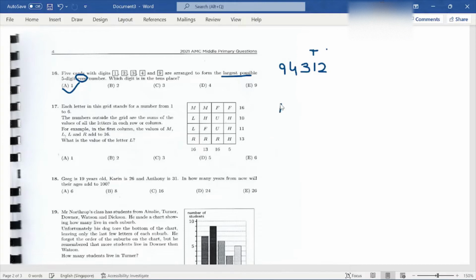So if you make an equation here, F plus 3H is equal to 5, and it's a very small number. So in order to get 5 by adding 3 times something and a number, you need to start with a very small number, which would be 1. Let's assume H is 1, so 3 times 1 is 3, so F plus 3 equals 5, F equals 2.